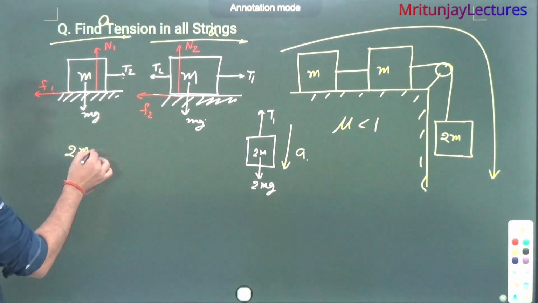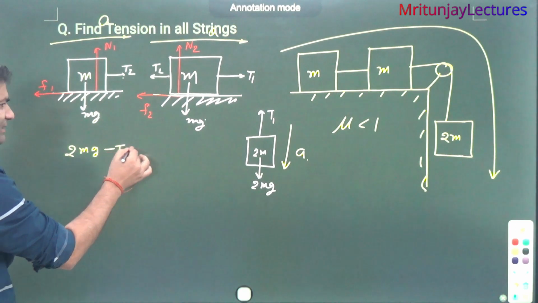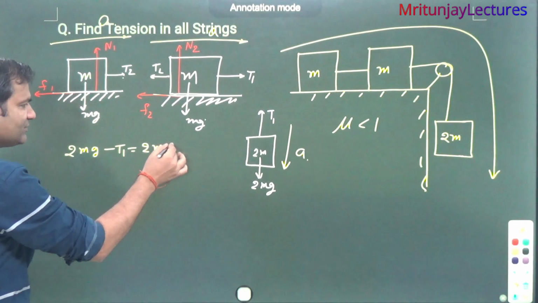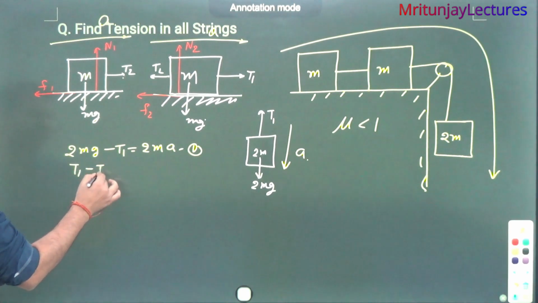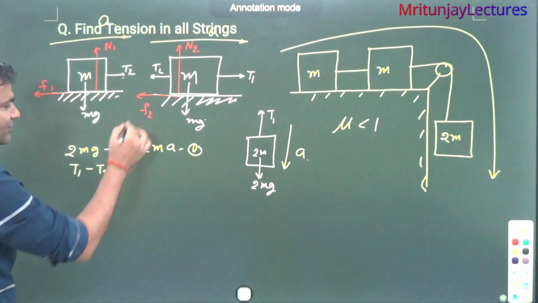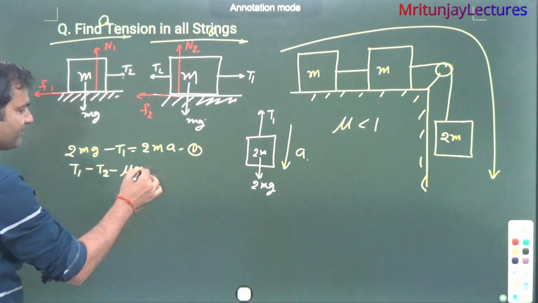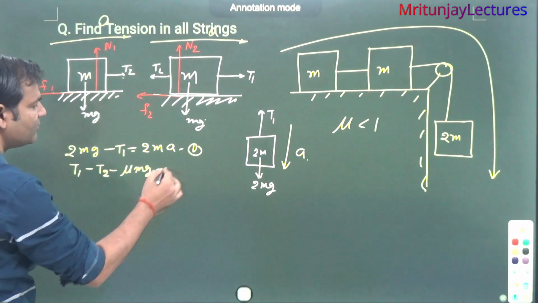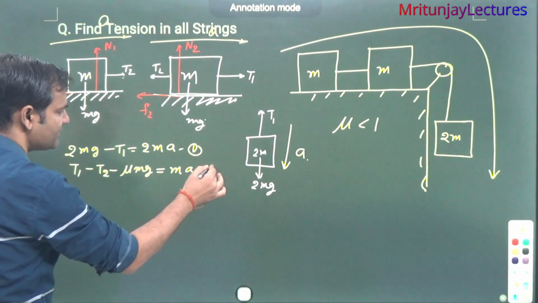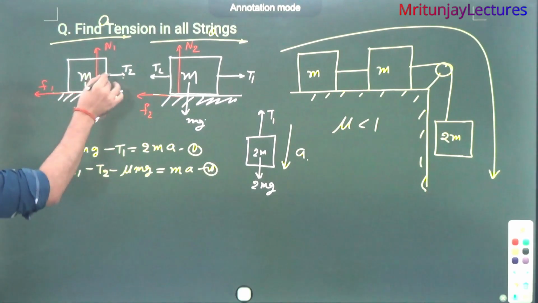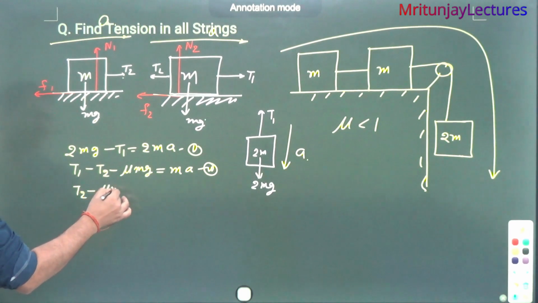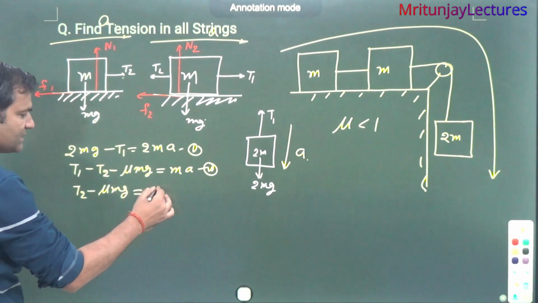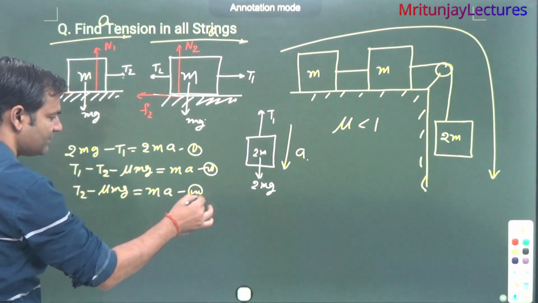2mg minus T1 is equal to 2m into a, equation number 1. T1 minus T2 minus F2, where F2 is mu mg, is equal to m into a, equation number 2. Now here T2 minus mu mg is written as mass into acceleration, equation number 3.